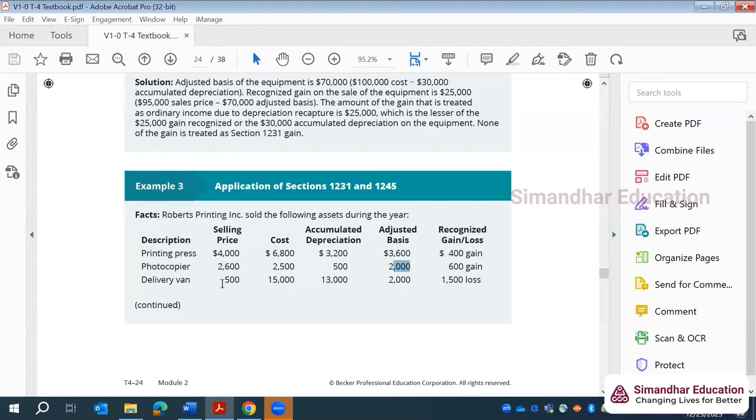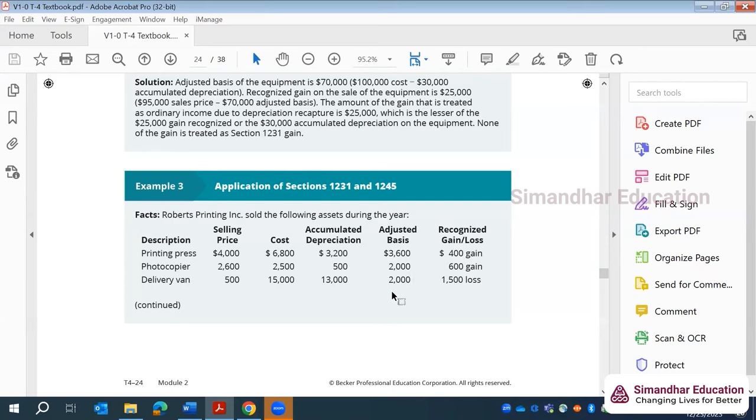The delivery van selling price is 500. Cost is 15,000. Accumulated depreciation is 13,000 and adjusted basis is 2,000. So your adjusted basis is 2,000 and your selling price is 500. Will section 1245 come into picture for the delivery van? Why will it not come into picture?